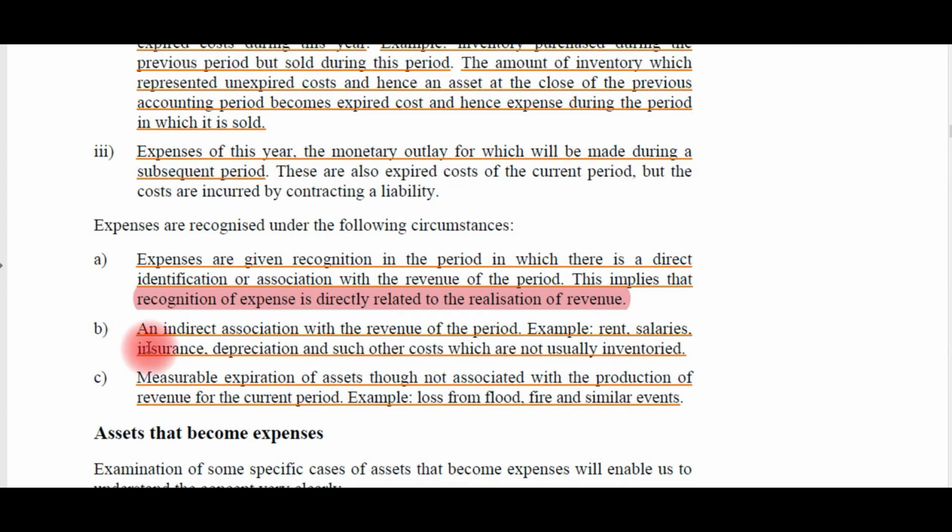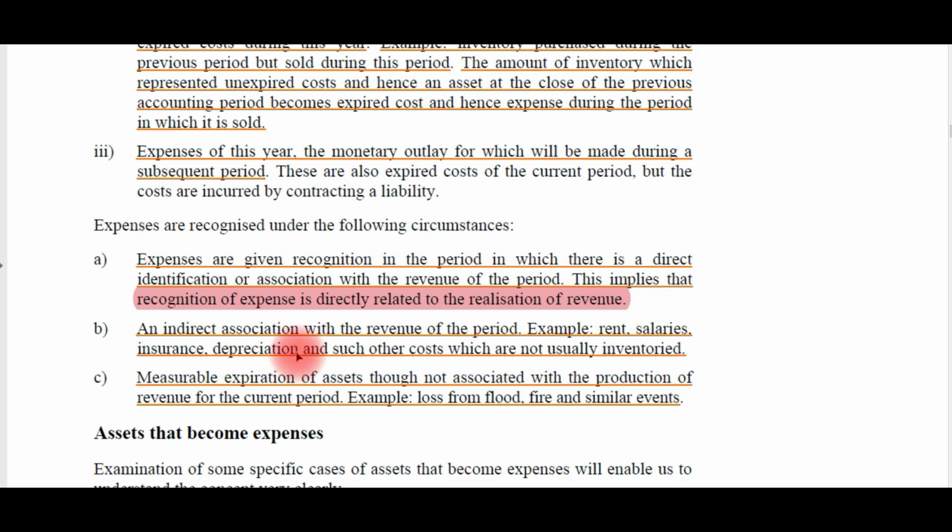See the second point here, an indirect association with the revenue of the period. In an accounting period, a company generates some revenue. In the generation of revenue, there are some activities which are indirectly related, like paying rent for the company's shop, salaries to the employees, insurance for the vehicles, depreciation of the machinery.